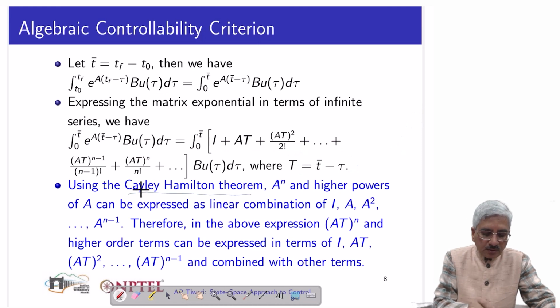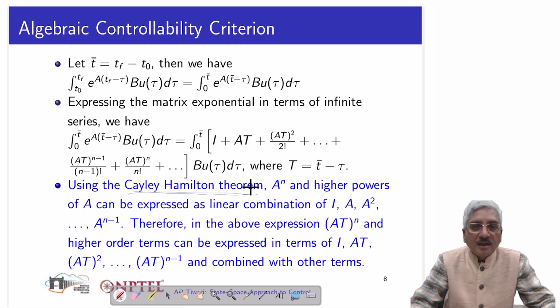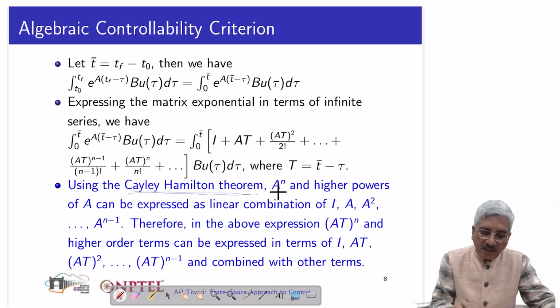There is a well-known theorem called the Cayley-Hamilton theorem, and what it says is that A power n can be expressed in terms of identity and powers of A up to n minus 1. Similarly, A power n plus 1 will also get expressed in terms of identity and powers of A up to n minus 1.